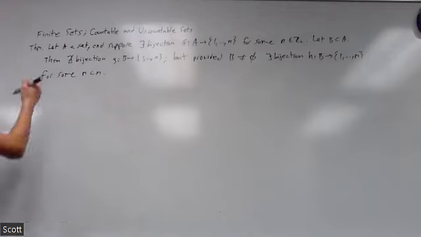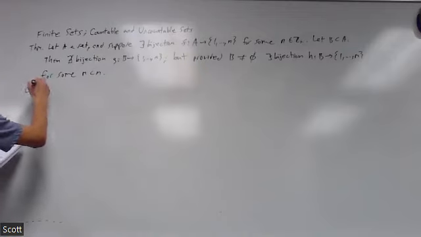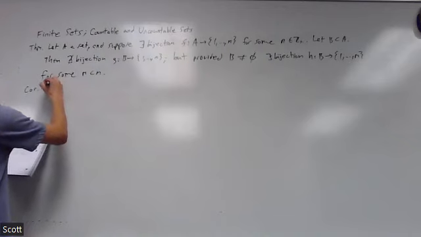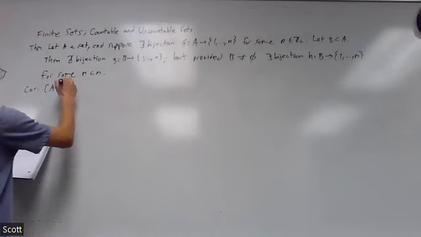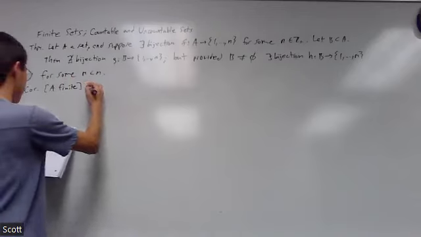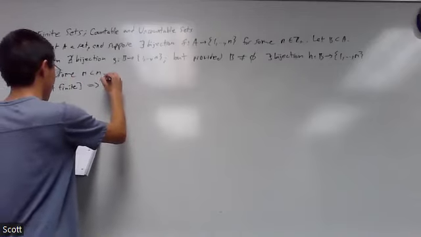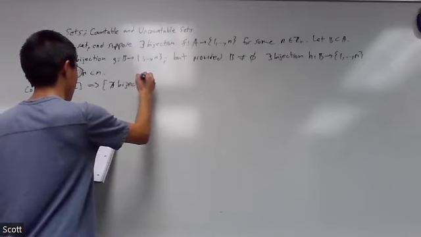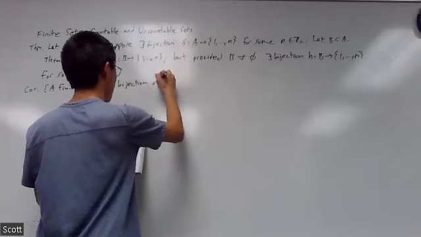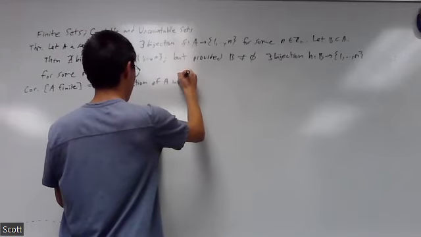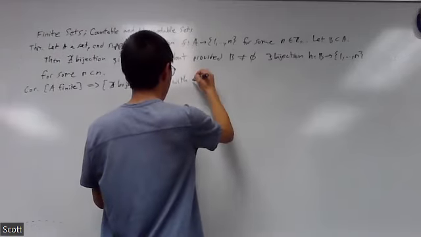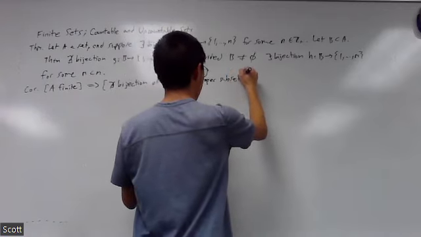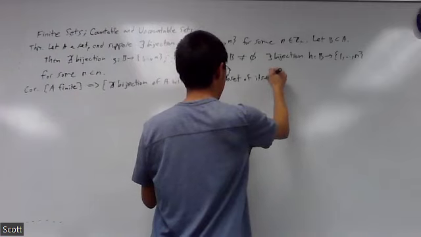Okay. So then a corollary is that if we have A finite, then that gives that there does not exist a bijection of A with a proper subset of itself.